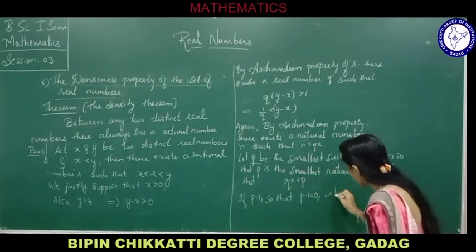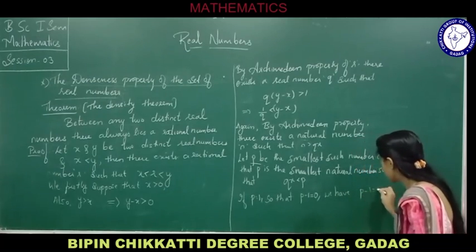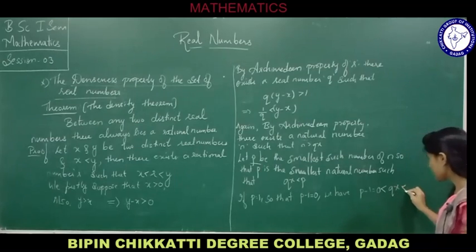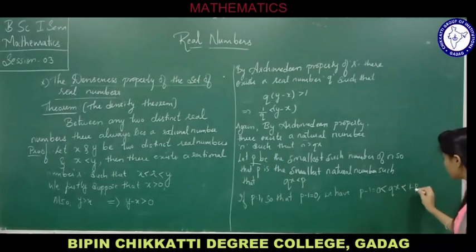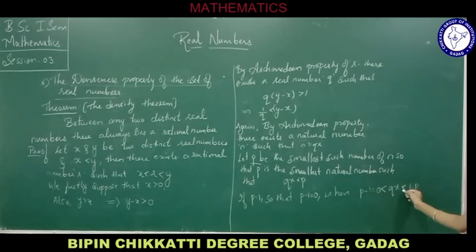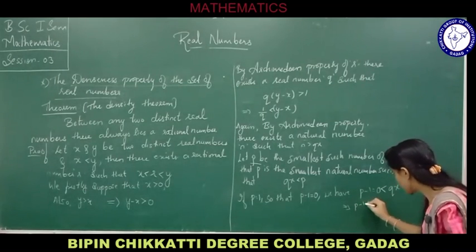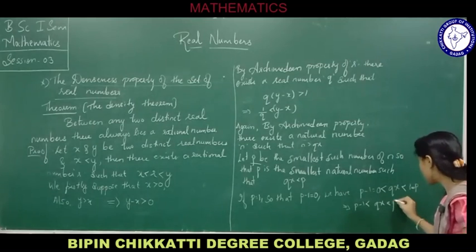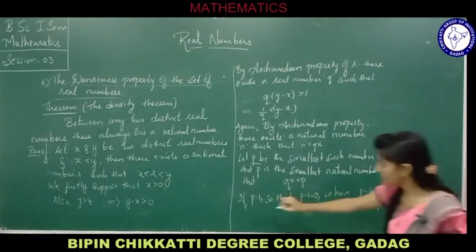We have p minus 1, which is equal to 0, less than q into x, which is less than 1, which is equal to p, because we have considered p equals 1.